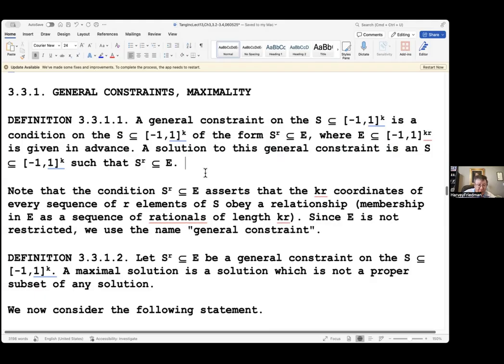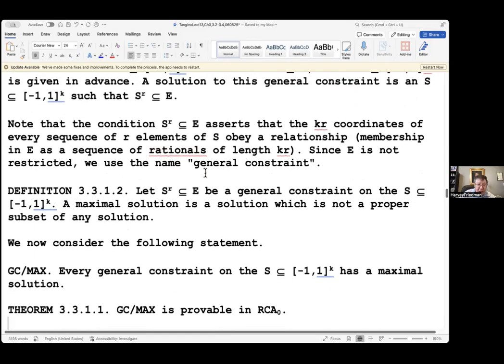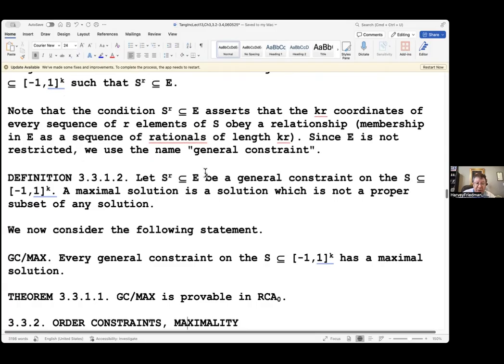All right, so a maximal solution to a general constraint is a solution which is not a proper subset of any solution. Just the most obvious notion of maximality, where we're just talking about inclusion. So we now consider the following statement, and I write it as GC/max, GC meaning general constraint: every general constraint on S contained in [-1,1]^k has a maximal solution.